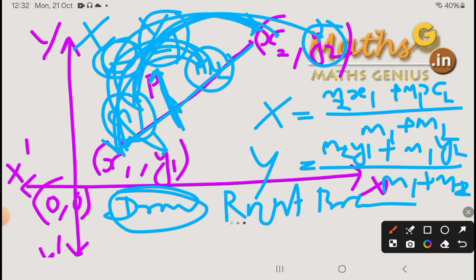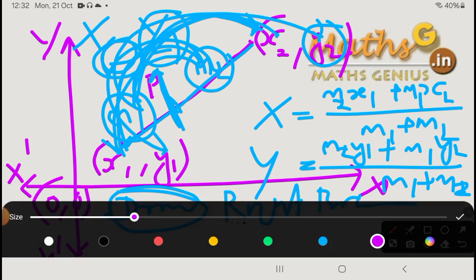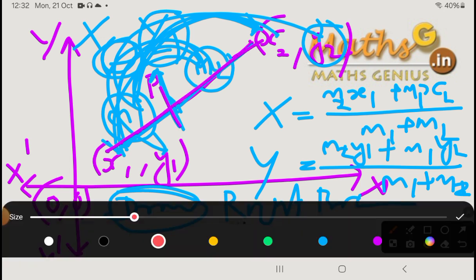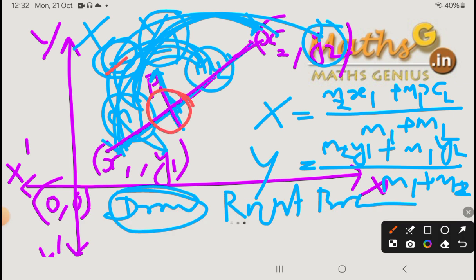So the coordinates of the point P, which was dividing the line at the particular point, are this and this. And let me reiterate, how did you get it?